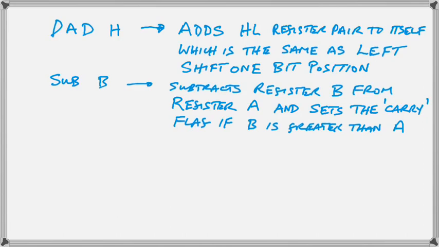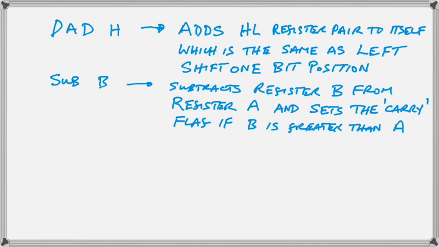The sub B subtracts the register B from the register A and sets the carry flag if the B is greater than the A. So that carry flag, which is actually working as a borrow flag in this case, but it's called a carry flag, whether it's borrow or carry, just depends on what operation we're doing.